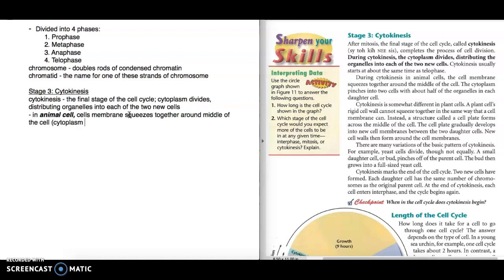The cytoplasm, so inside the cell membrane, that jelly-like substance, is going to pinch in 2. Again, here we go with half of the organelles in each daughter cell. Half on one side, half on the other.